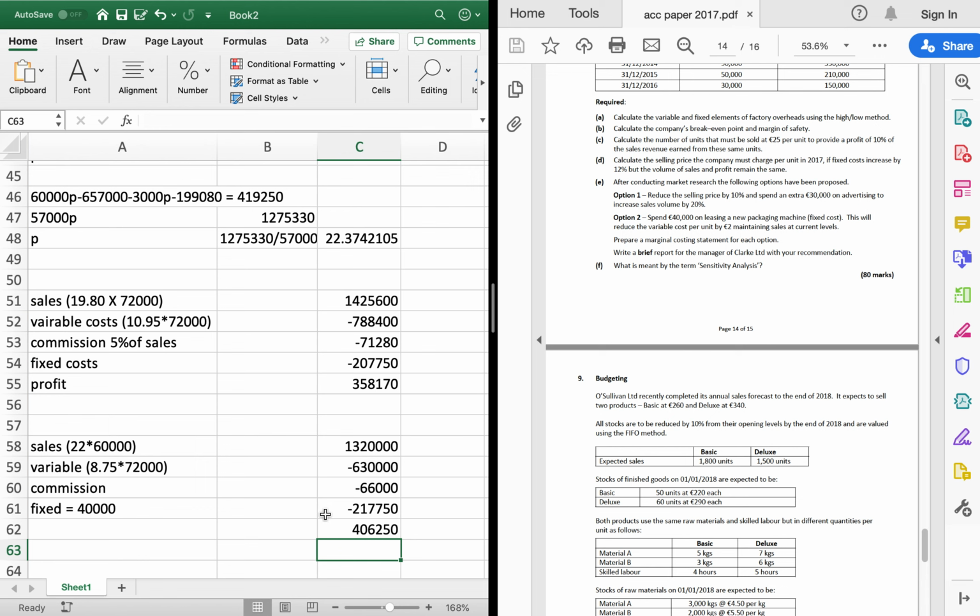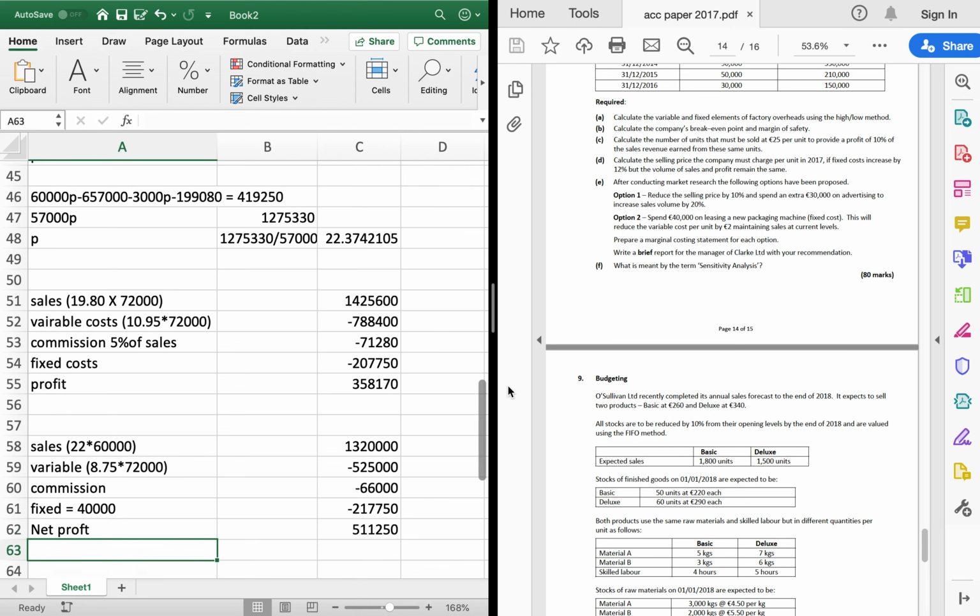So we'd say, well, which is the better option? Well, option 2 is the better option. See, there's that number right. So I've put in the wrong number there. Okay, option 2 is the better option because the profits are higher.